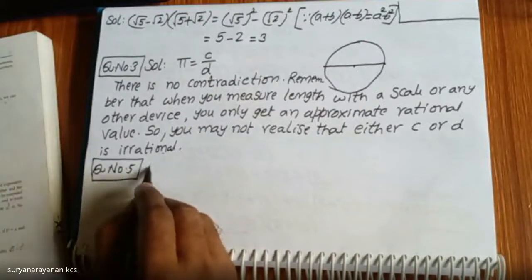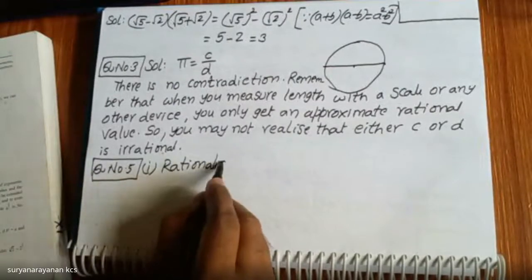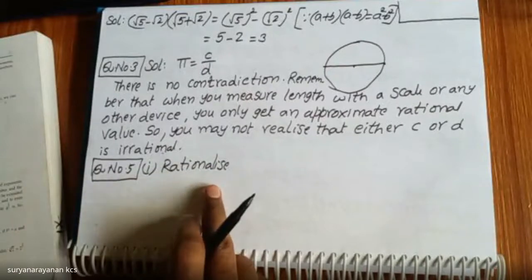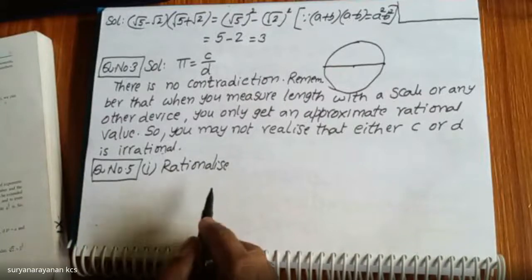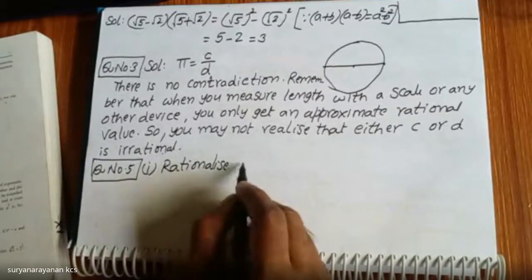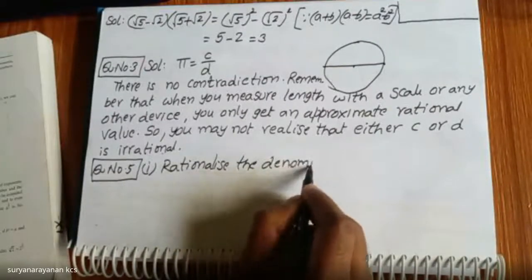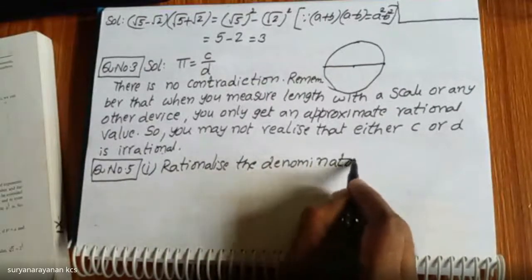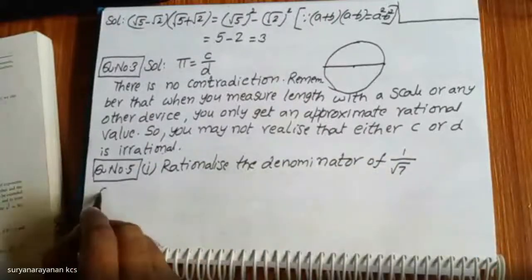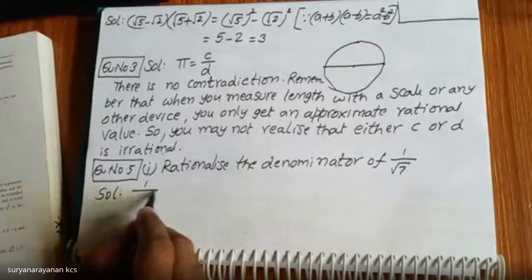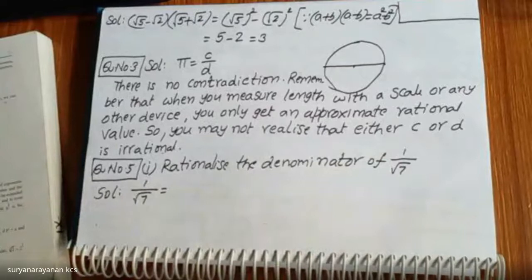Rationalize. Yesterday we discussed this point, the rationalization factor. So rationalize the denominator of the given number 1 by root 7.